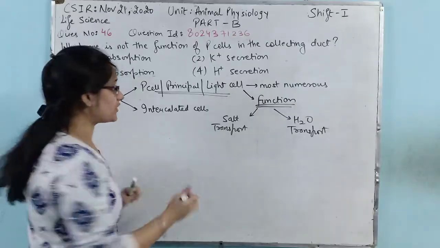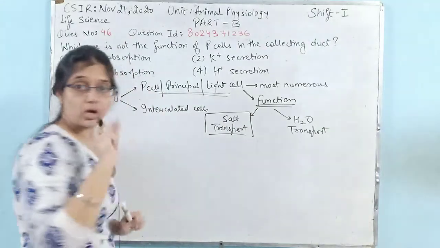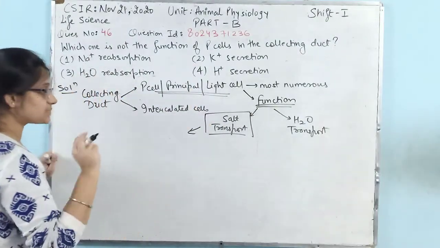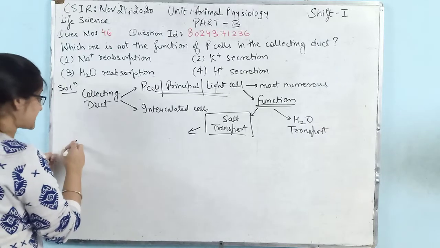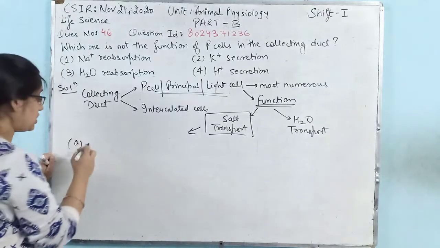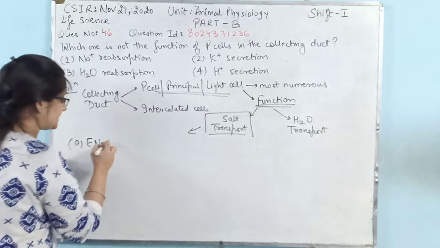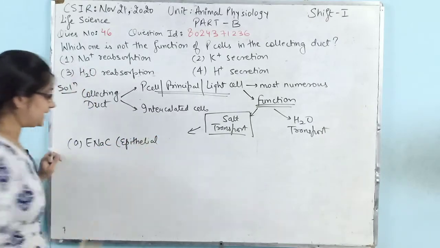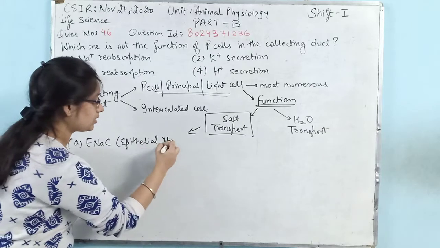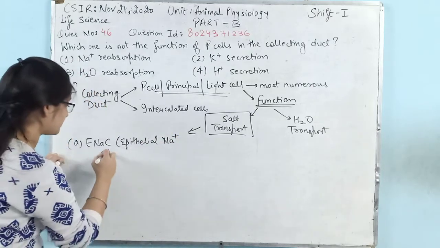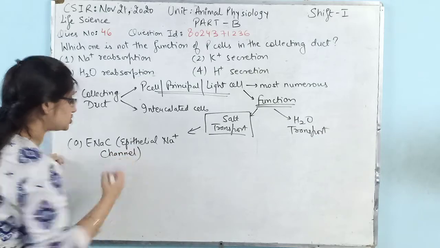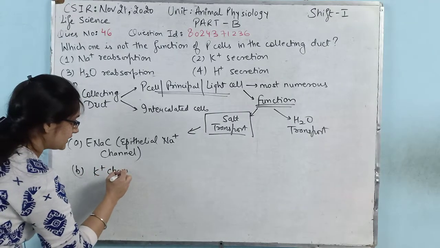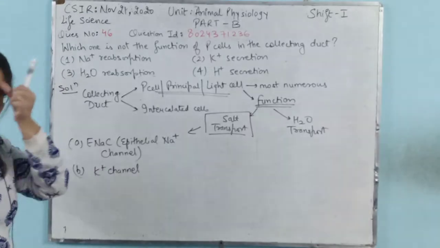First, for salt transport, the P cells have specific transporters in their membrane. The first transporter is ENaC, the epithelial sodium channel, and the second is the K positive channel.